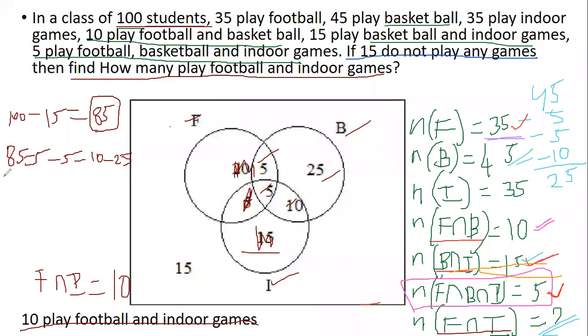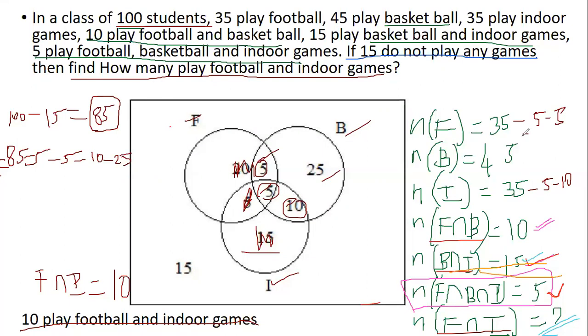The other part is whatever is left out, that is 35 minus 5 minus 10. From where am I getting minus 5 and minus 10? That is this intersection part which I am subtracting.